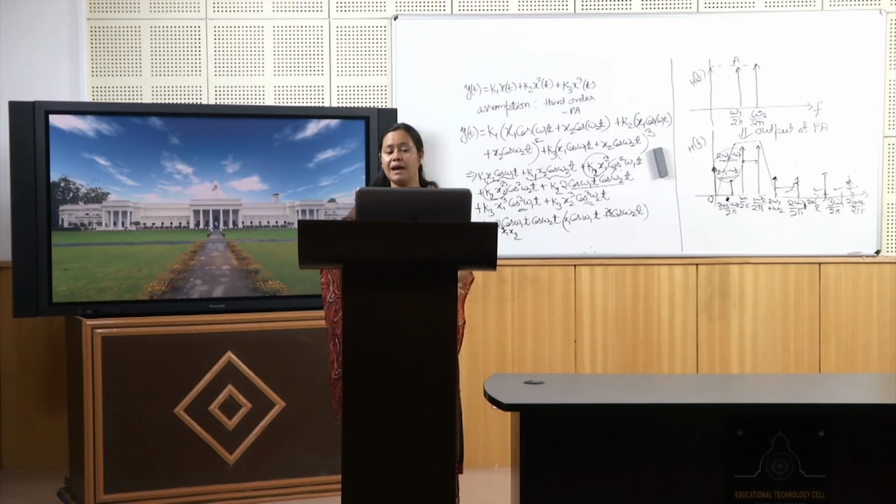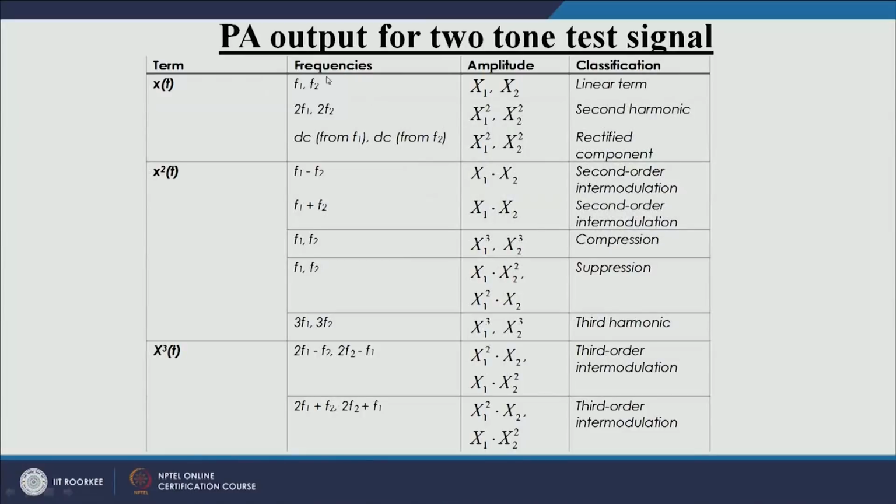So, if we look at the amplitudes, at the original frequencies f1 and f2, if our amplitudes were x1 and x2, at twice the frequencies we get the x square function, the second harmonic. Near the DC level, from the first and second we have the x1 square and x2 square components. At second order, because of the summation of f1 and f2, there are two frequencies.